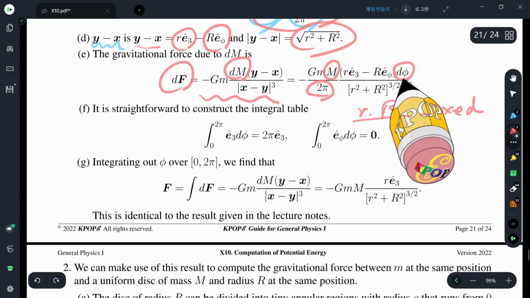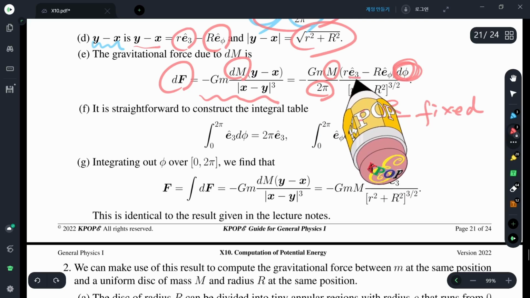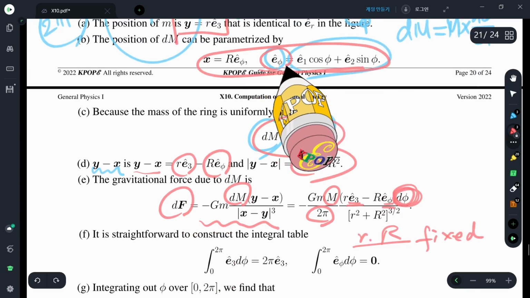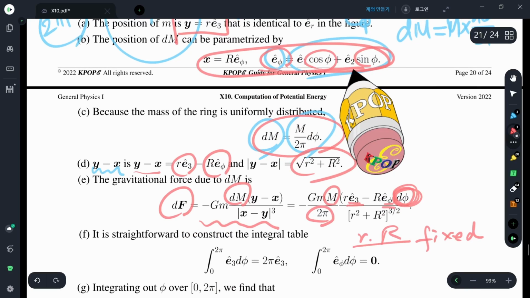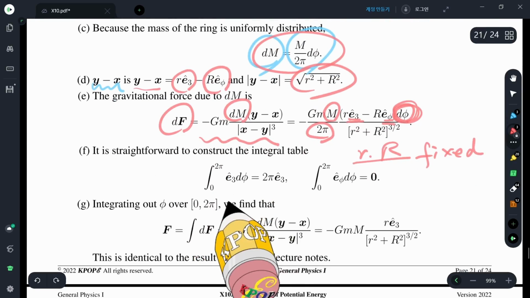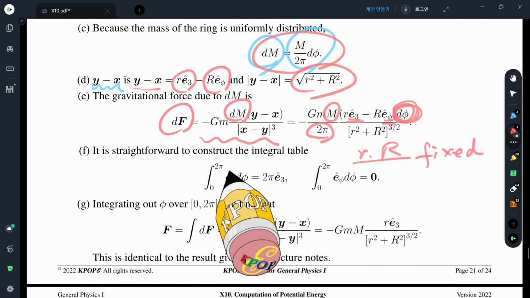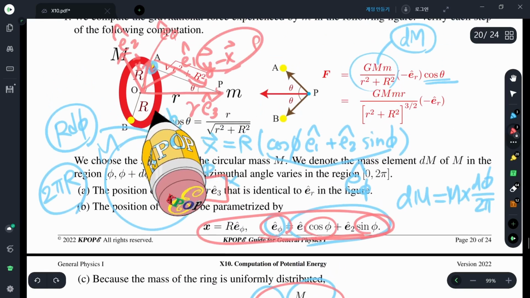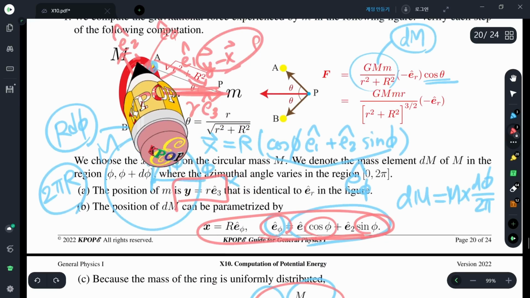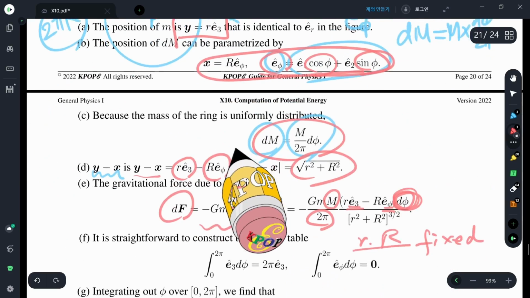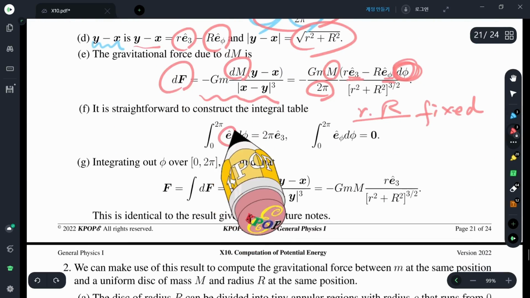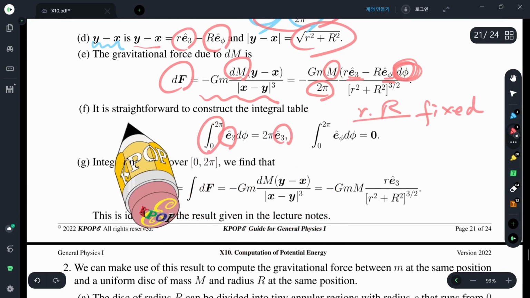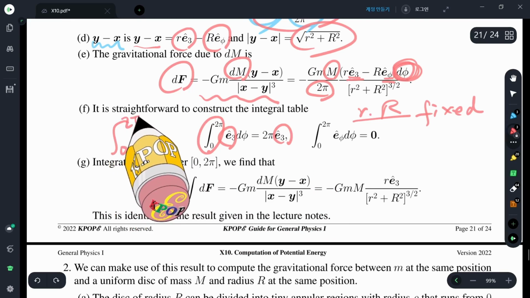In this integral over phi, e3 and phi appear, either cosine or sine. If we integrate over e3, e3 is independent of phi. e3 is along this direction, independent of phi. Therefore, the e3 integral is just e3, except that the integration is from 0 to 2 pi.